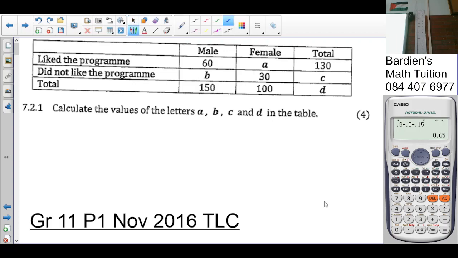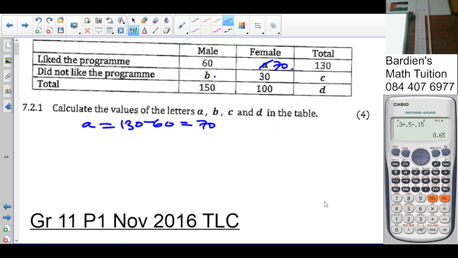People, this is a two-way contingency table. We know that 60 plus A is equal to 130, B plus 30 is equal to C, 150 plus 100 is equal to D. We know that 60 plus B is 150, A plus 30 is 100, 130 plus C is D. Okay? So let's work this out quickly. Your A value is going to be 130 minus 60, which is 70.